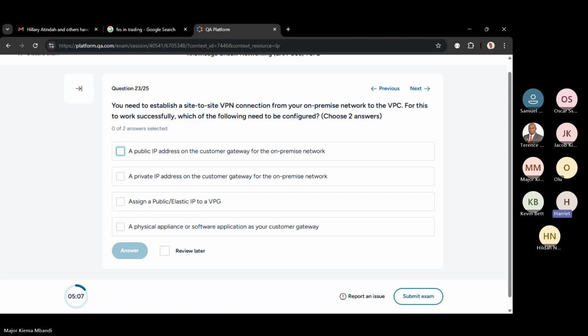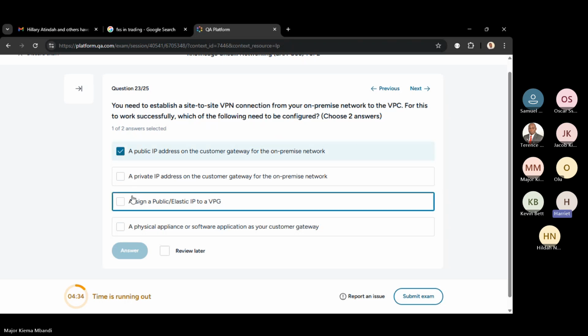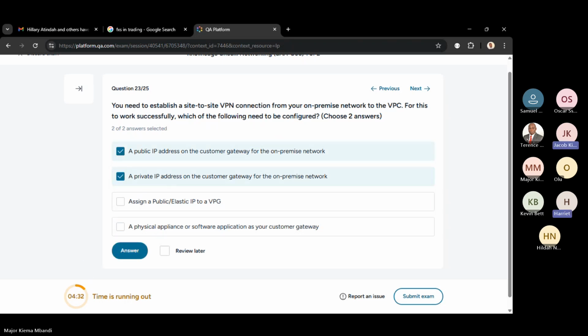For this to work successfully, which of the following need to be configured? 1, a public IP address on the customer gateway for the on-prem network. 2, a private IP address on the customer gateway for the on-prem network. 3, assign a public Elastic IP, a physical instance or software application as your customer gateway. So I'll do A and B. Okay. Yeah, let's move to the next question.